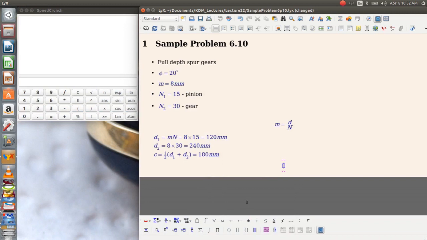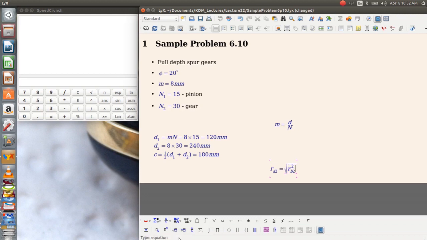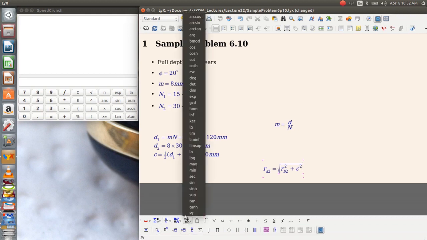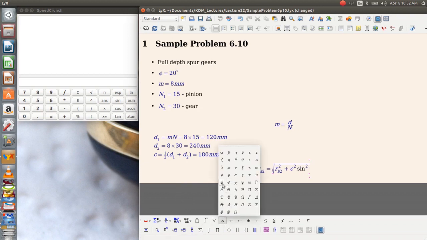It says that the maximum addendum radius for gear 2 is equal to the square root of the base circle radius for gear 2 squared plus center distance squared multiplied by the sine of the pressure angle.